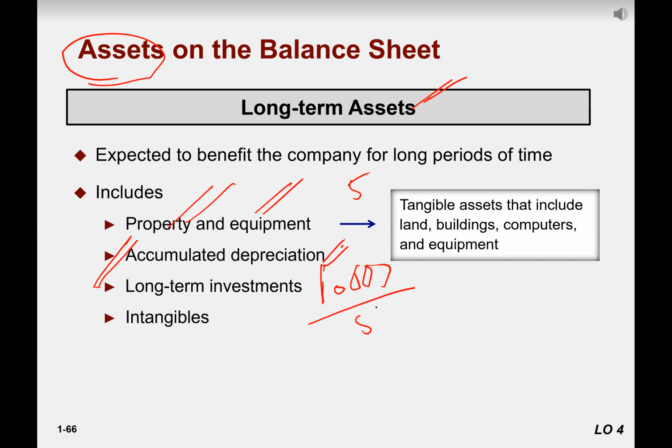So you divide it by 5, it means 2,000. So $2,000 is considered as depreciation. I bought it for 10,000. 1 year I used it, so my truck value depreciated by 2,000, right?